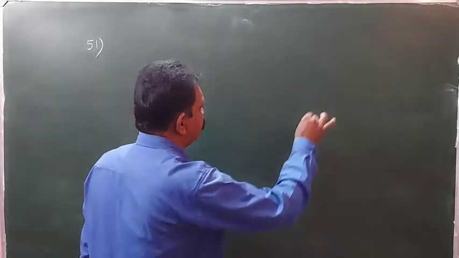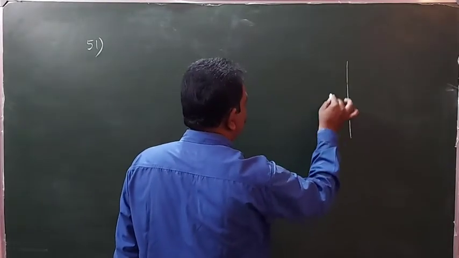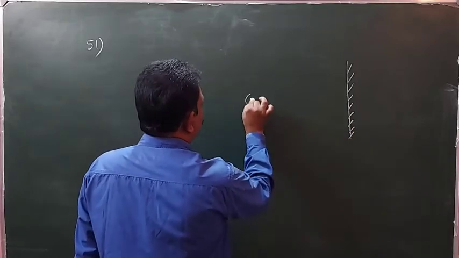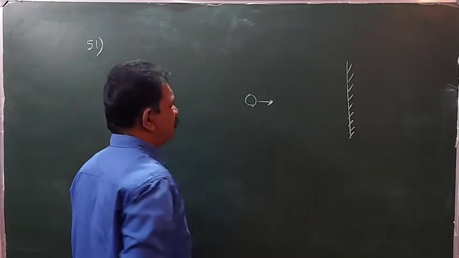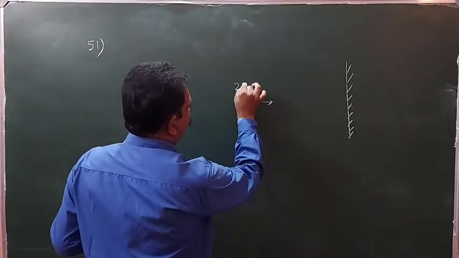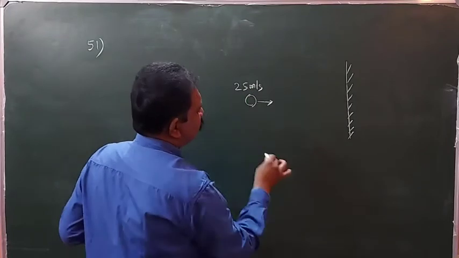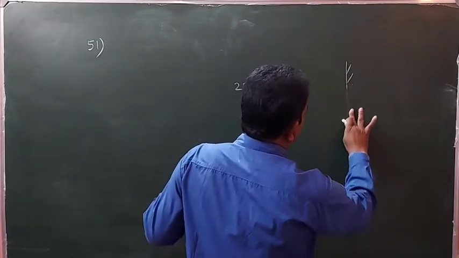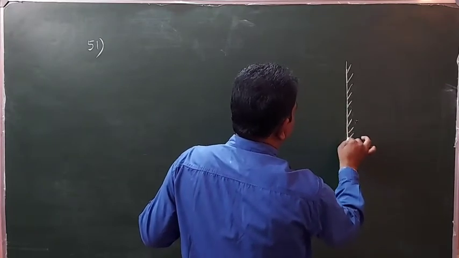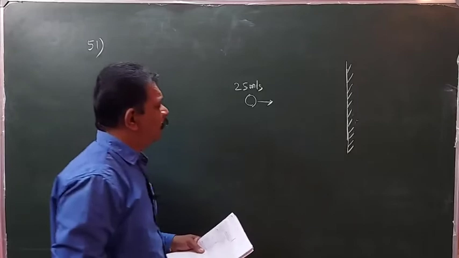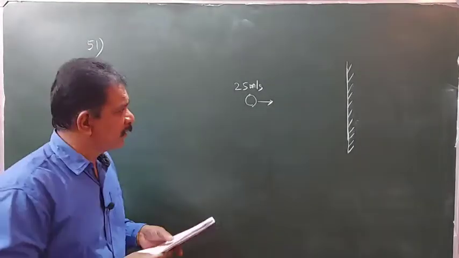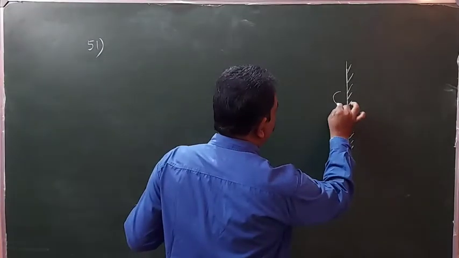So one ball is going like this. This is the wall, let it be. The ball is going with a velocity of 25 meter per second and hits the wall.